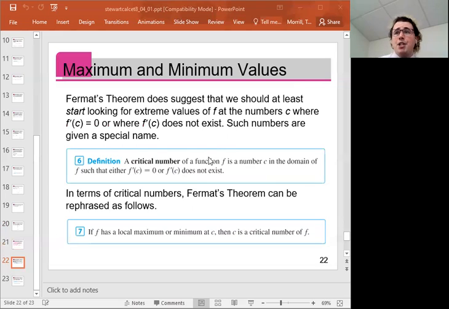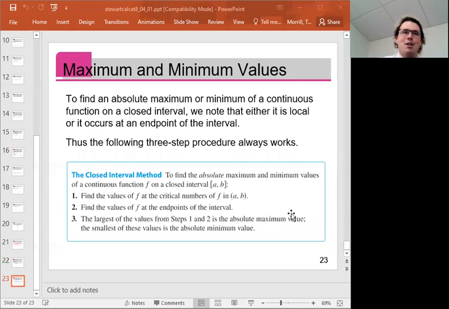And critical here just means important to look at. These are the potential maximum and minimum values of the function. So what I'm saying here is that all local maximums and local minimums occur at critical points of the function f. So if we are interested in finding these things, we would like to find critical values.